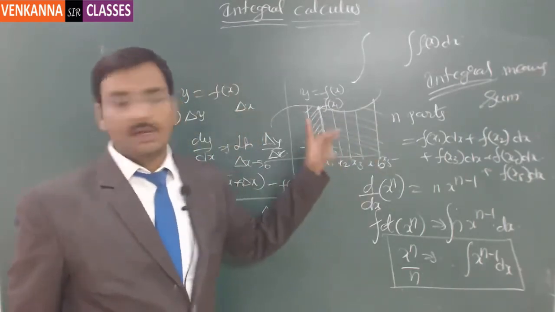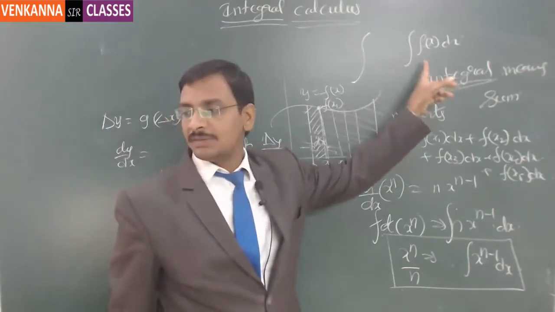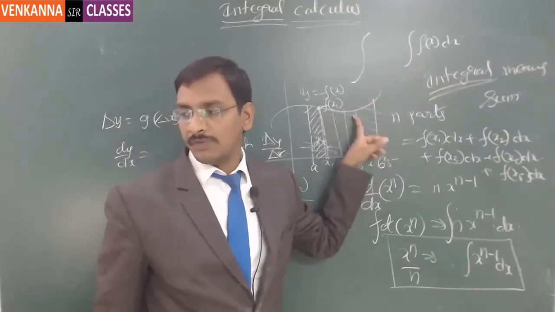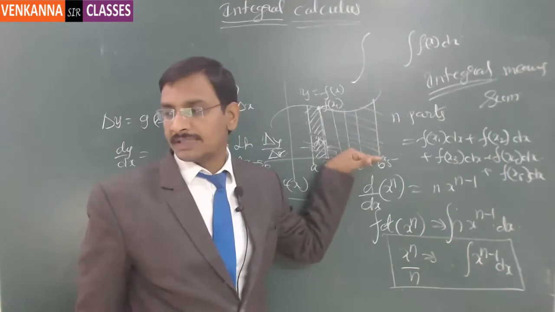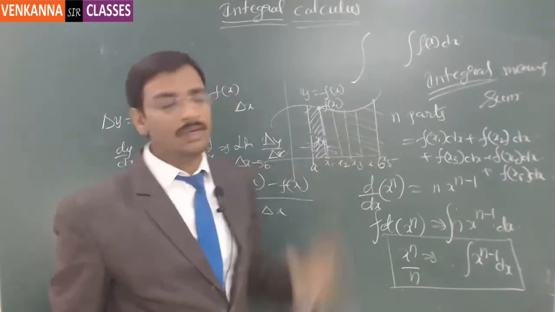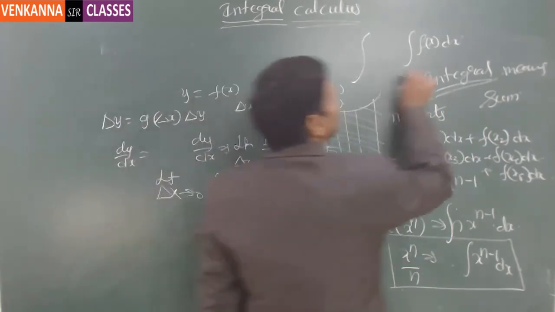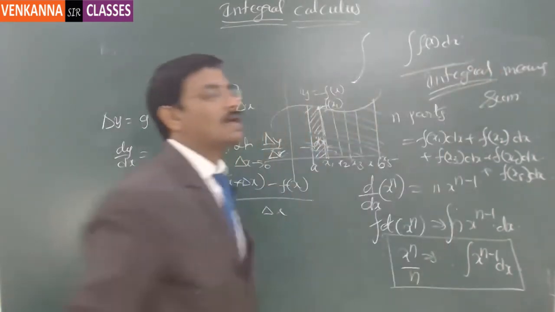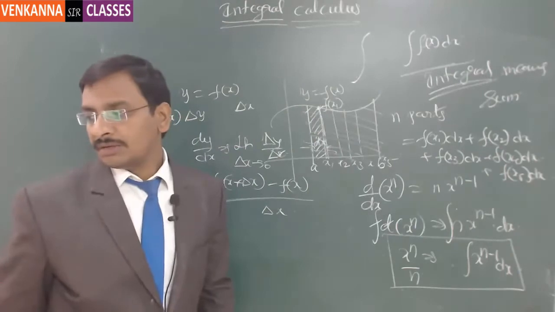So integral f of x dx is nothing but the area under the curve f of x between the x-axis and the function. So this is how you give an application for this integral as an area. Got it or not?